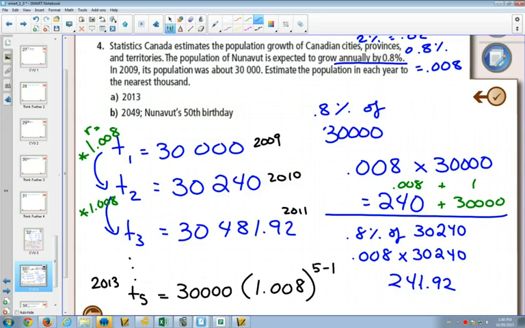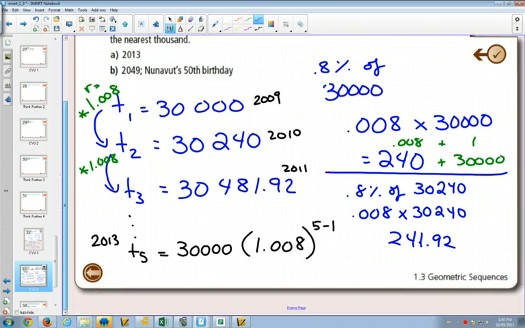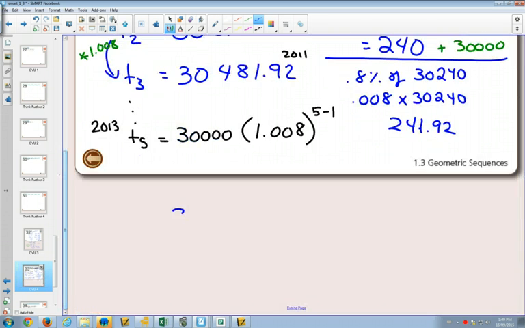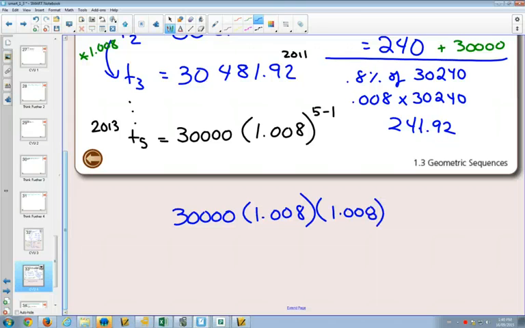Why is it a power? It's a power because if we looked at going from this one to this one and this one to this one and so on and so forth, if I wrote that out, I would have my 30,000 multiplied by 1.008 once to go to the second one. Then to go to the third one, I'd multiply by 1.008 again.